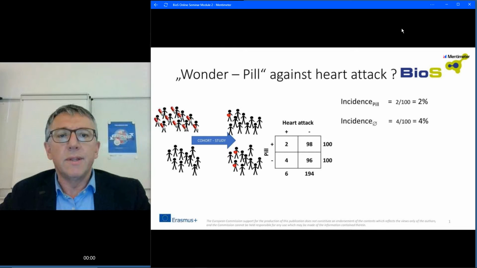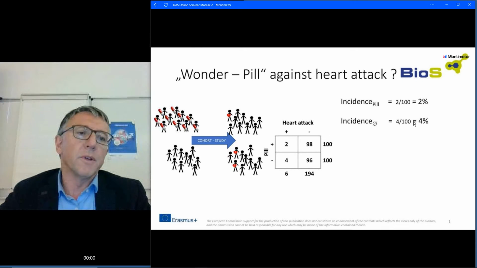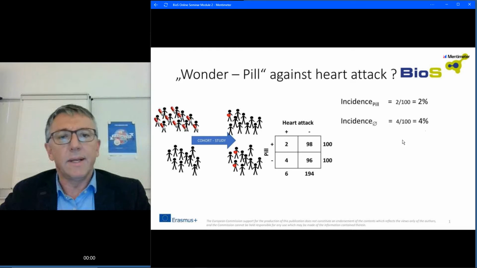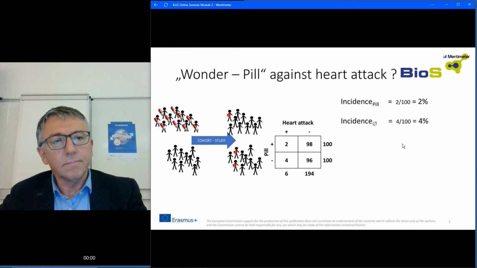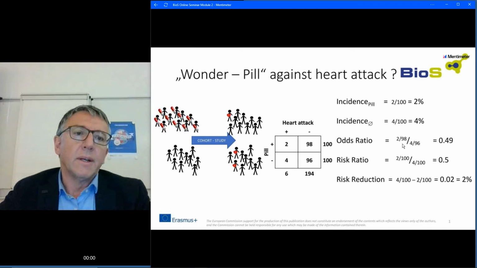And it's pretty easy to see the incidence in the case of taking the pill is 2%, and the incidence of not taking the pill is 4%. So the incidence is higher in the case you are not taking the pill as compared to having taken the pill. So this gives you already a hint that the pill has some effect.